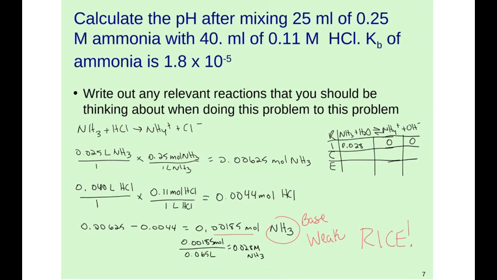So in this problem, we don't know any of the equilibrium concentrations, so we are going to have to use x for our change. So we're going to be minus x, and plus x. So we have x, x, and 0.028 minus x. Now we need to use our Kb, which is going to be our hydroxide times our ammonium divided by the ammonia.